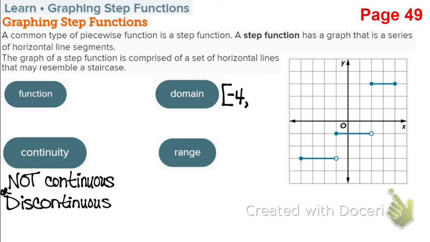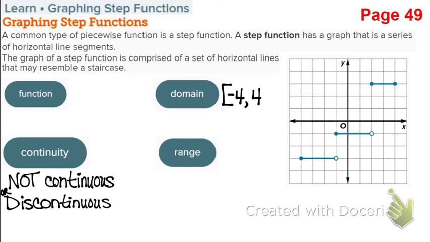As I move across that graph, here, here, here, can I keep going past that? Nope. So what's the farthest to the right I can go? +4.